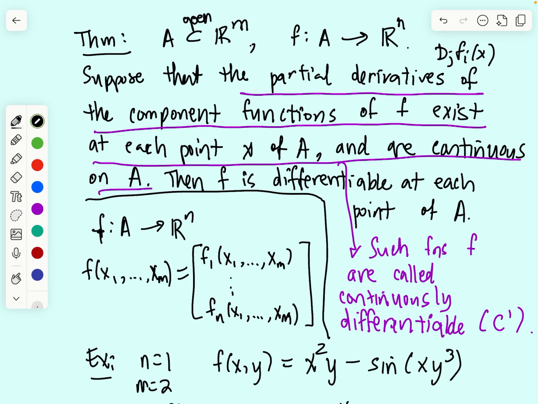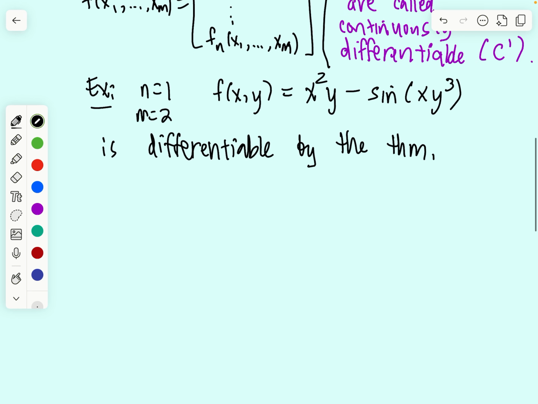Well, I should clarify that, so we're done with the discussion of this theorem.